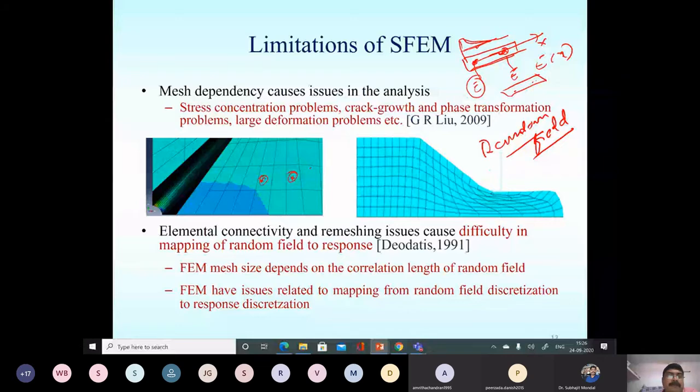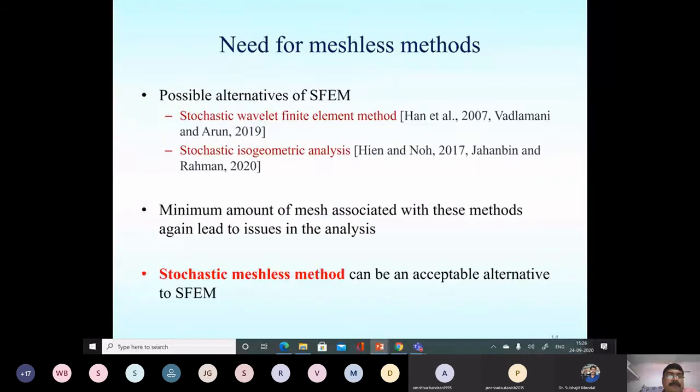So the possible alternatives to SFEM: one is, as I said, wavelet FEM, where we use the properties of wavelets, the multi-resolution analysis. If you have a regular domain, you may need only one element, and you can have multi-resolution properties depending upon which wavelet you use.